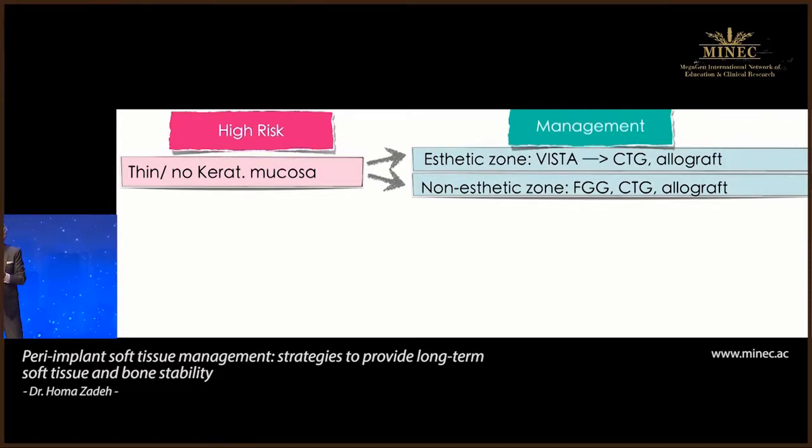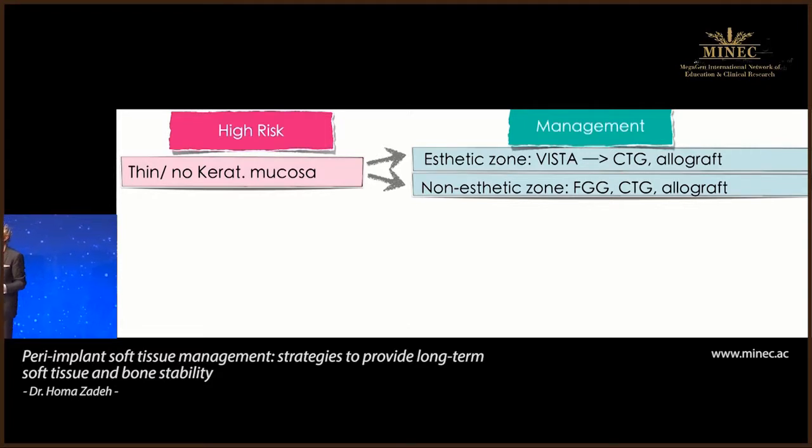In the non-aesthetic zone, increasing the mucosal thickness is important. So if you want to use a free gingival graft, if it's in a non-aesthetic zone, please, by all means, go ahead. It's not my preferred technique. I prefer connective tissue graft, but if you like free gingival graft, it's a very efficient technique. You can also use allograft.